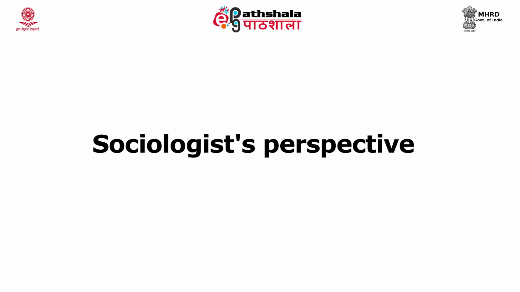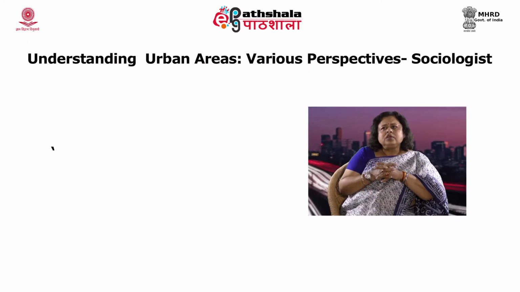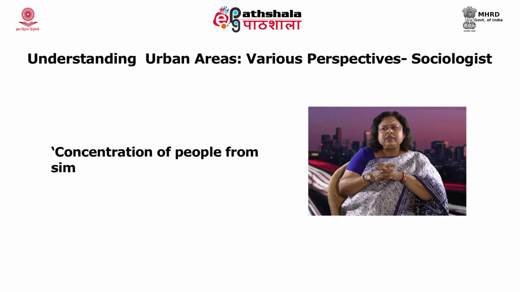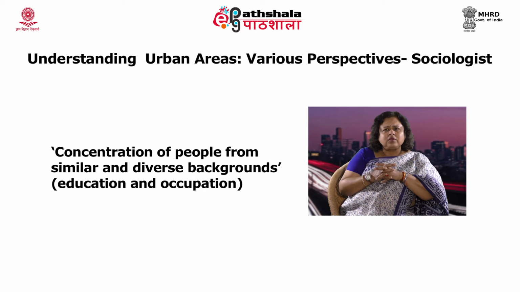How has a sociologist defined an urban area? Sociologists have said that urban areas are places with, I'll quote, concentration of people from similar and diverse backgrounds in terms of education and occupation.